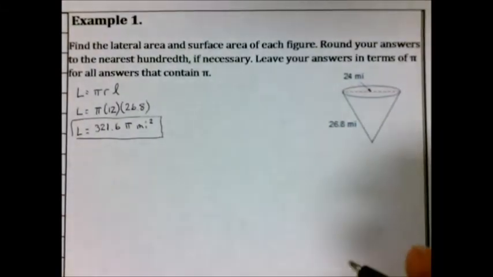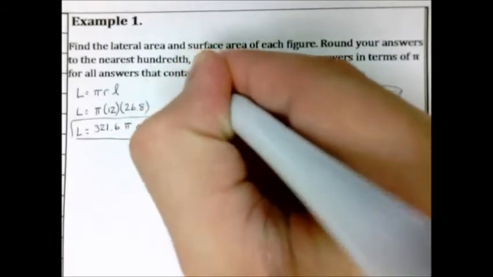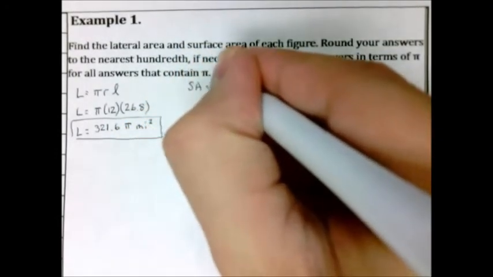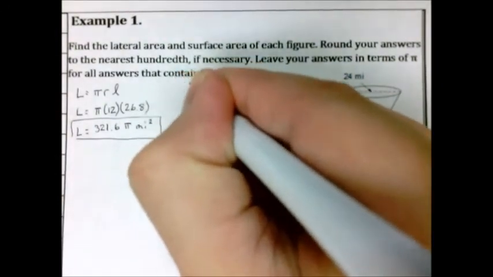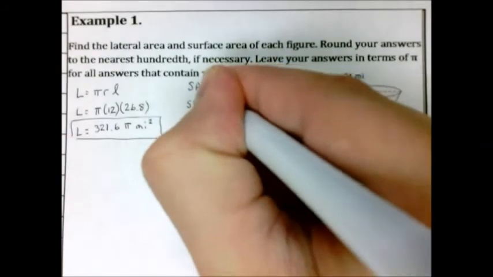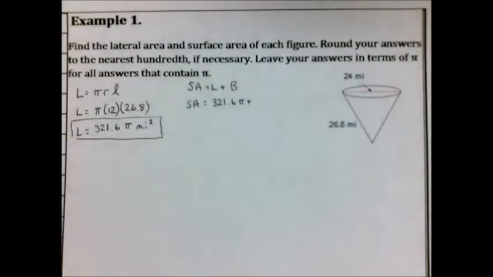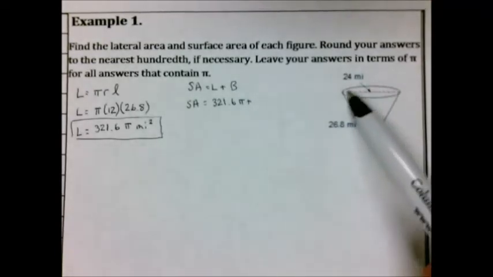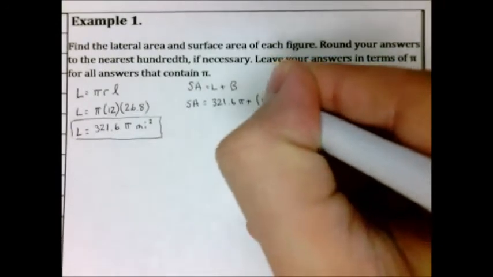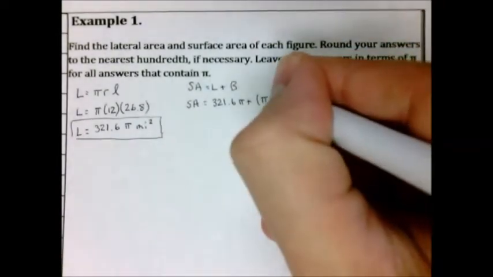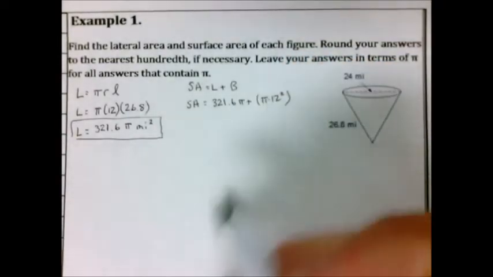Now we have to figure out our surface area. Again, the surface area is just the lateral area plus the base area. We've already figured out the lateral area, 321.6 pi. We just need to add that to the base area. Remember, the area of a circle is pi r squared. So we add pi times our radius of 12 squared, and 12 squared is 144.